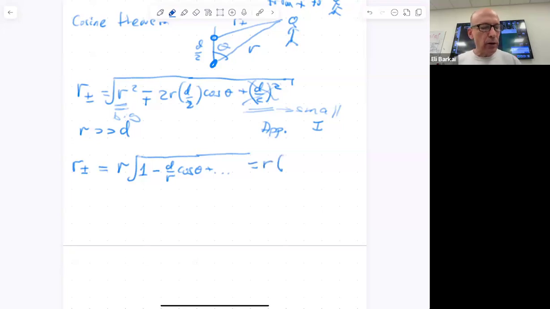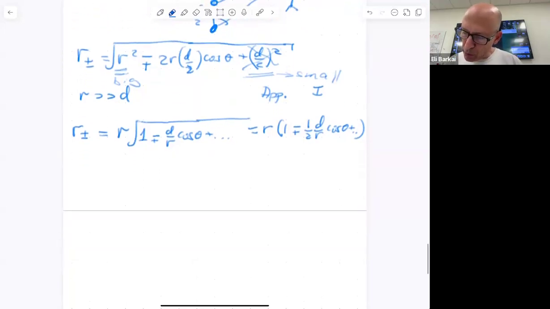So again, R plus minus to leading order is simply r, which you can immediately see. And here I have minus plus half d over r cosine theta. Where did the half come from? It came from the square root when I did the Taylor expansion. What does cosine theta remind you?